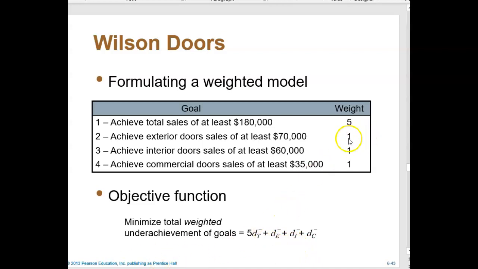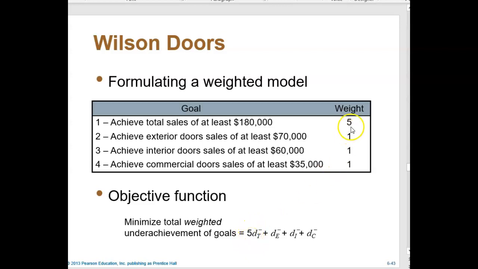In summary, these weights can be used to distinguish between different goals. If the weights are not specified, it can be safe to assume that all the goals are equally important and your objective function is just the sum of all the negative deviations. We'd remove this 5 over here if the goals were all of the same weight.